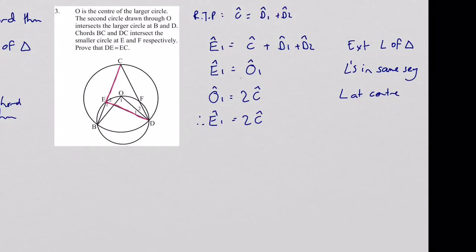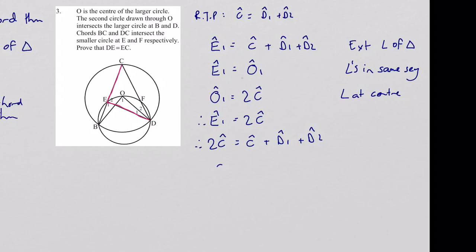Okay, so that would give us 2C equals angle C plus D1 plus D2. And now we just use a little simple algebraic manipulation. We can take that C over to the left-hand side, subtract it from 2C, to get 2C minus C, which is positive C, which equals D1 plus D2.